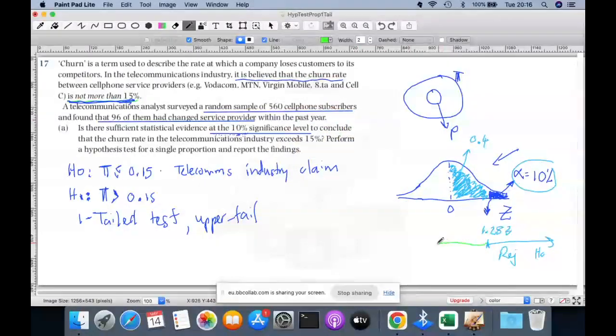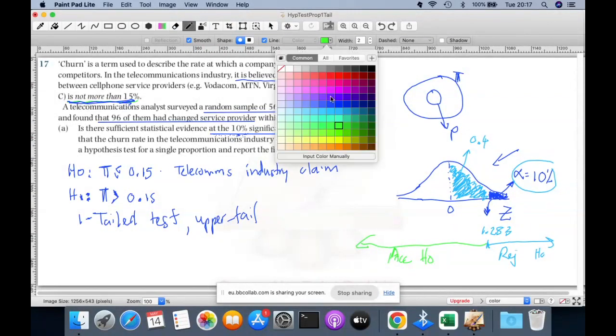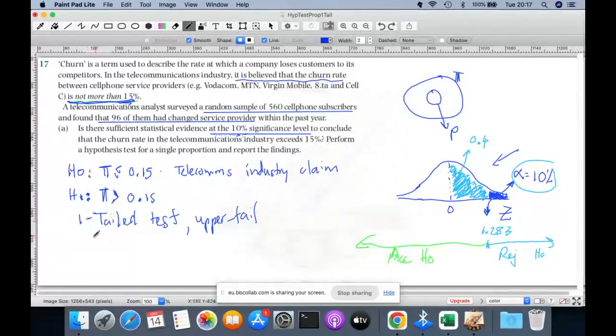So anything less than 1.283, we accept H naught. All right, let's continue with the next step. The next step is to actually work out the Z statistic and then conclude whether you're going to accept or reject H naught. Let me get back to my blue color.